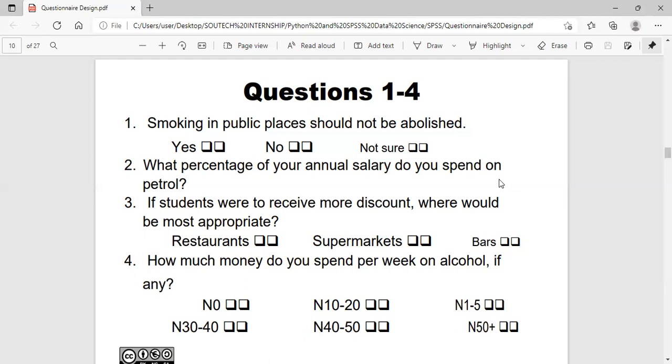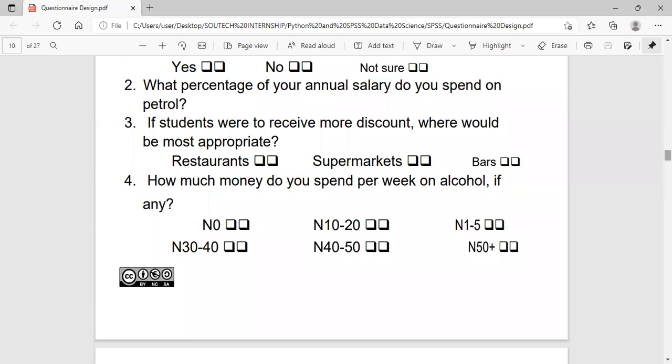Next, we're going to check number 4. How much money do you spend per week on alcohol, if any?